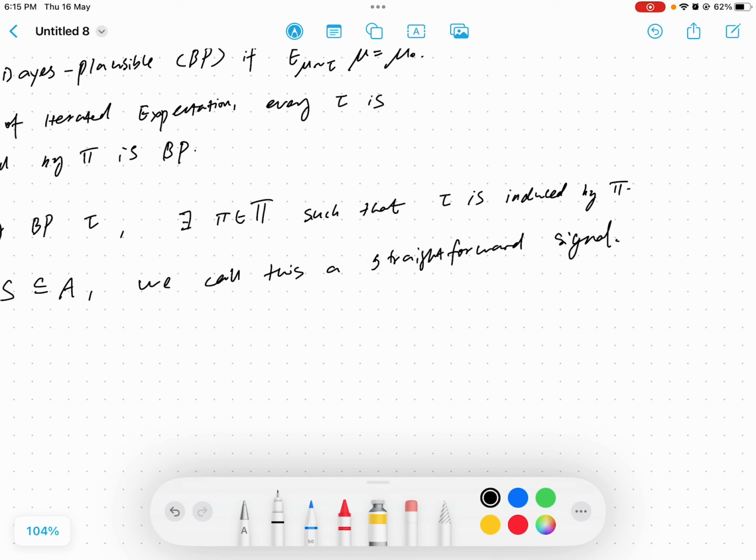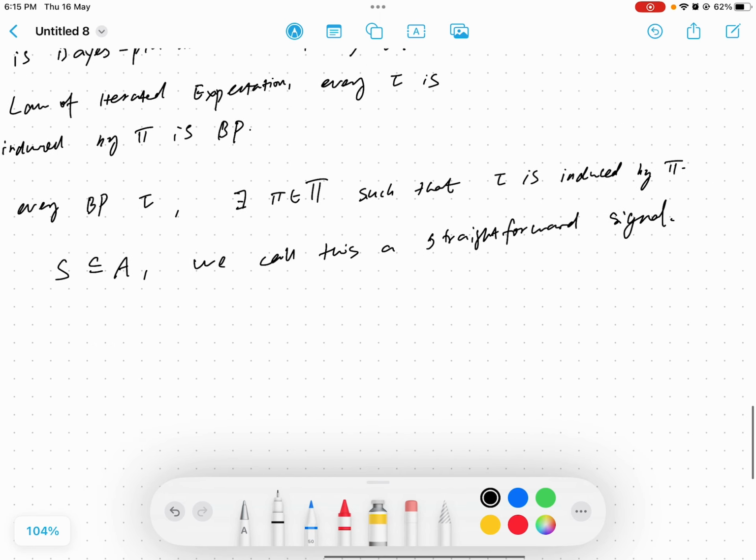So this straightforward signal produces the action recommendation for the receiver, because the set of the signals is smaller than the set of the actions, right?